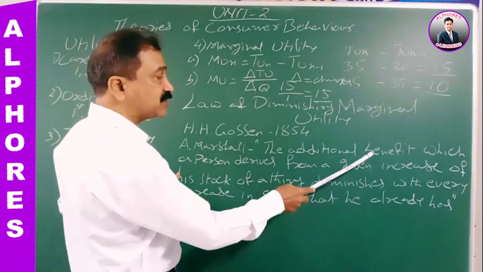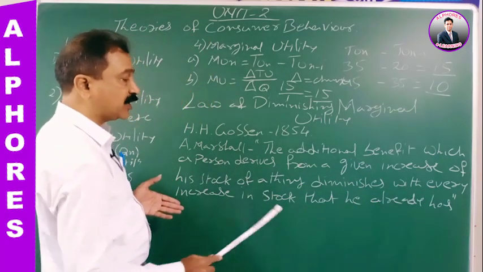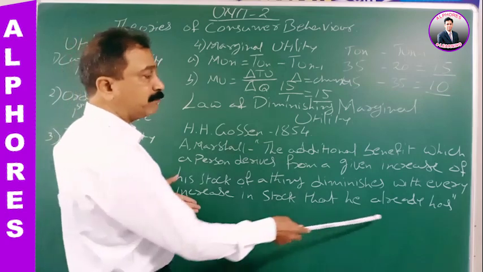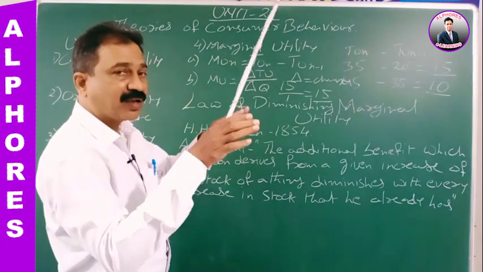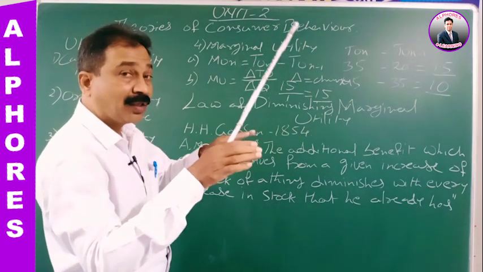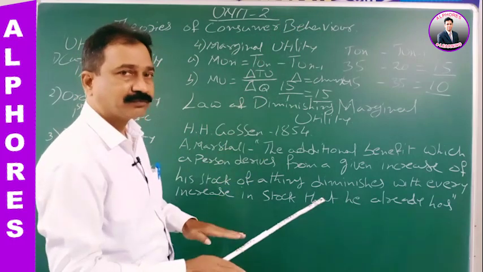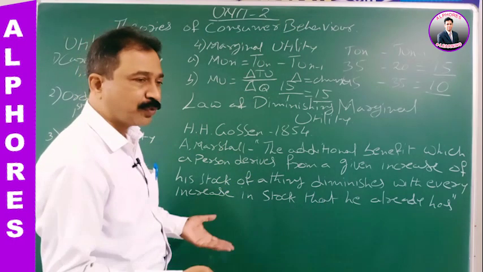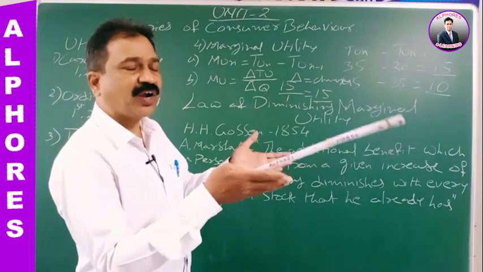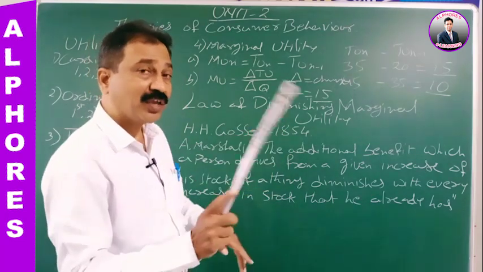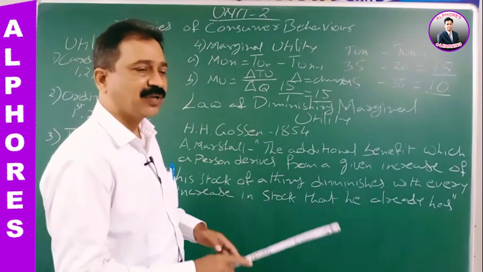What diminishes? Satisfaction diminishes with every increase in the stock of mangoes. As the mango stock goes on increasing, the additional satisfaction goes on decreasing. So if you go on increasing the stock of the same type of commodity, the additional satisfaction goes on decreasing. Even though total utility, total satisfaction, increases, additional satisfaction decreases.